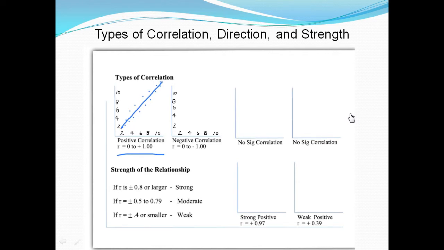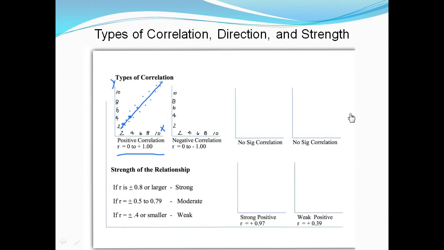This tells us that as my x variable increases, 2, 4, 6, 8, 10, my values on y also increase. So this dot here is a 2 on x and a 2 on y. As I move up, I have a 4 on x and a 4 on y, and so forth.